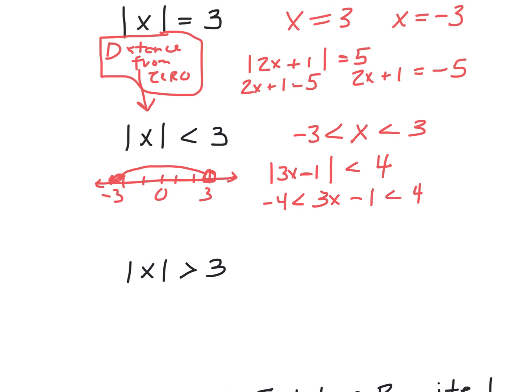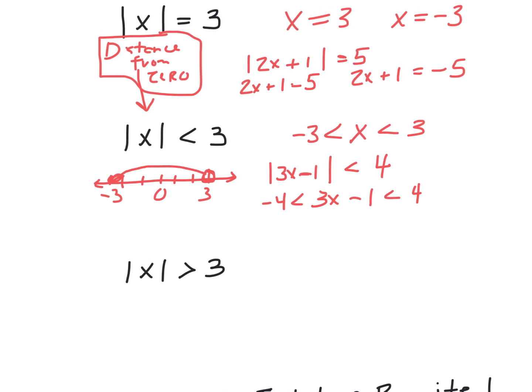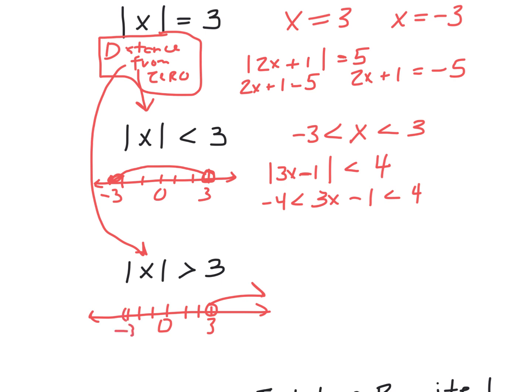If the absolute value of x is greater than 3, now again we're talking about this distance from 0 being more than 3. So we're talking about numbers that are a distance of 3 or more from 0, either direction. And you can see this is a splitter, which means that x is less than negative 3 or x is greater than 3.